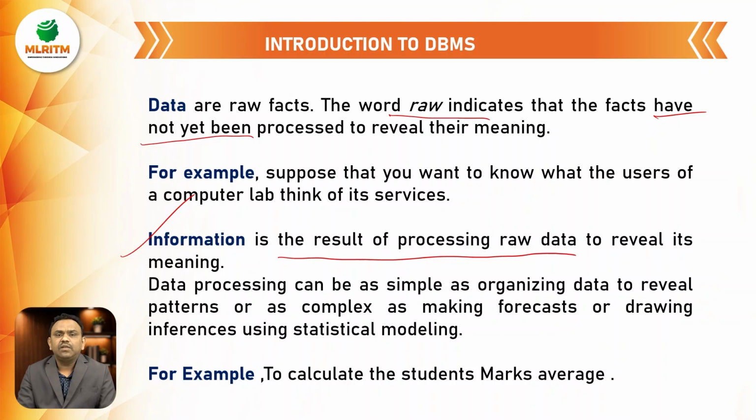Out of the available 60 students' data, I am extracting only a single user's data, or otherwise I am trying to calculate the average marks of the 60 students. This is one example of information. So data is unprocessed, whereas information is processed.